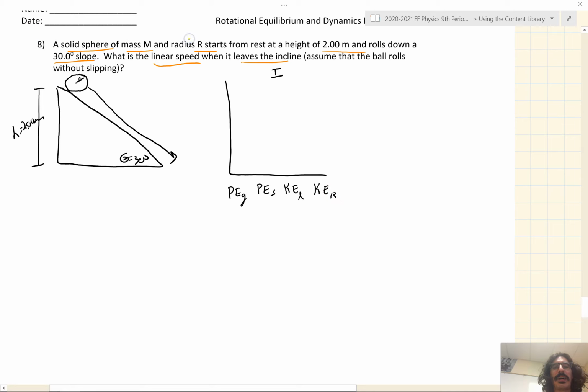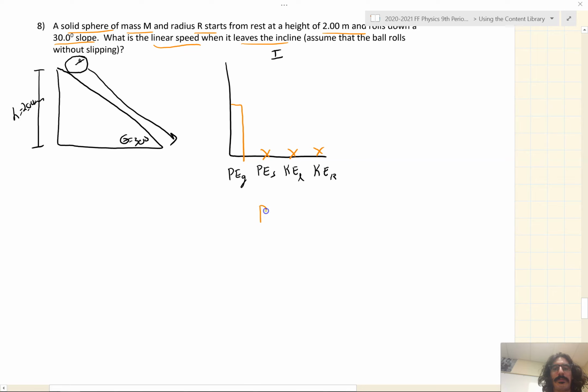In this case, the object starts at rest and is at a height of 2 meters, so the only energy it has to start with is gravitational potential energy, PE sub G. We could have also added work to this, but there isn't any work from an outside source.